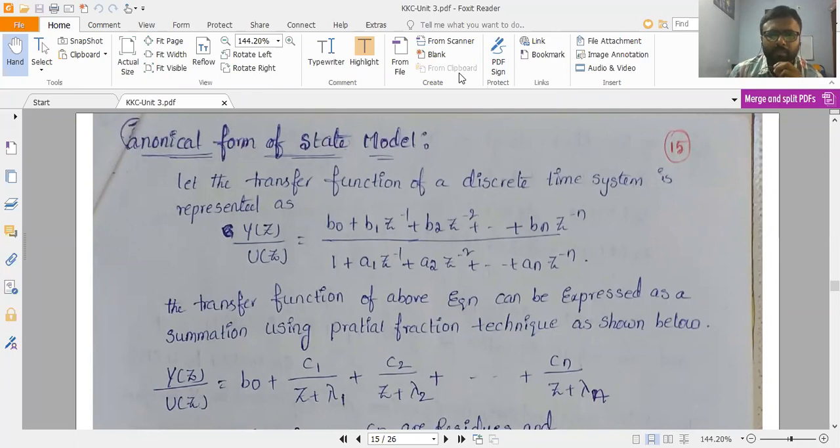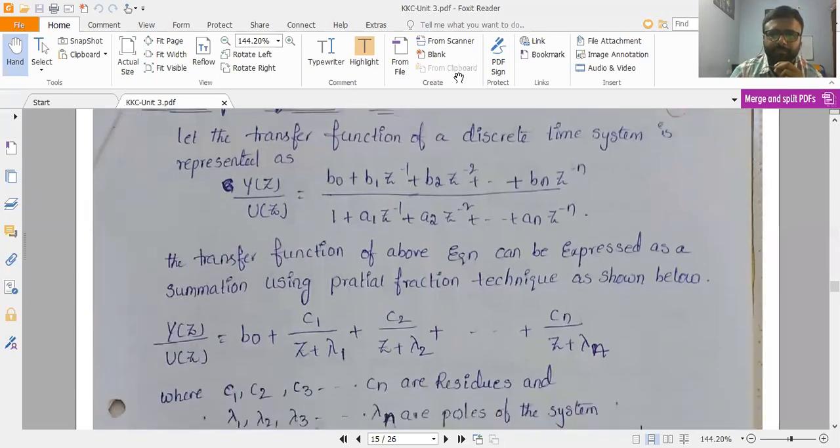So we have considered this kind of transfer function of a discrete-time system, and with the application of the partial fraction technique, we have obtained the roots for this particular transfer function.